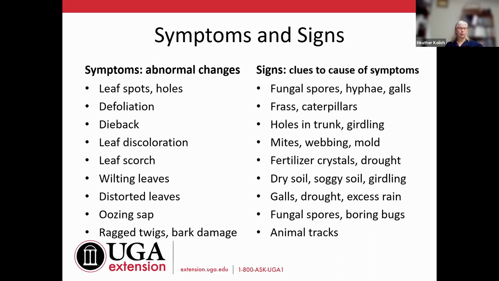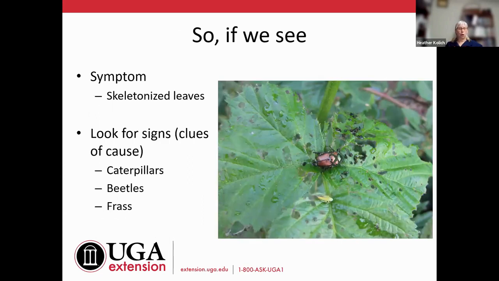So if we see leaf spots or holes in a plant, we might look for fungal spores or hyphae. If we see skeletonized leaves, we might look for signs of caterpillars, or what do we have here?